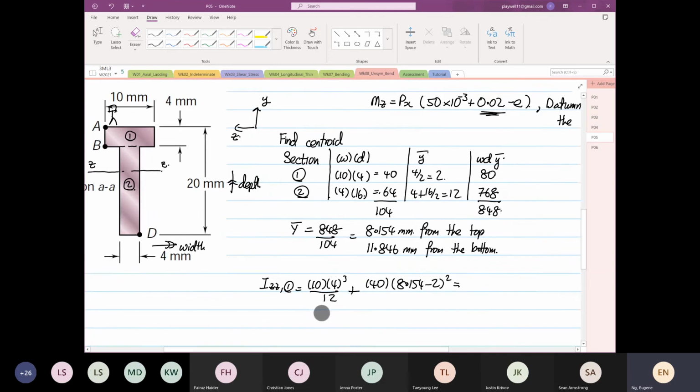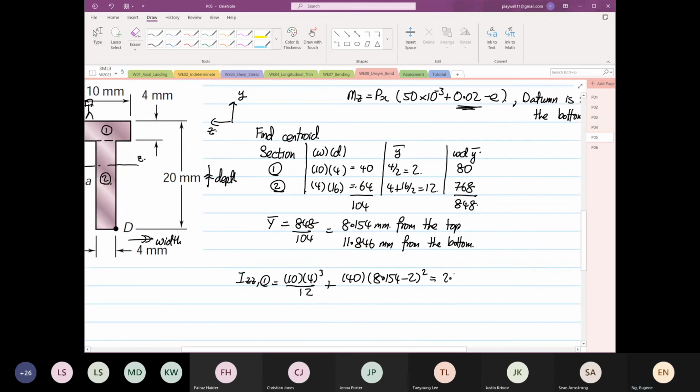So it's equal to 2.713 times 10 to the power 3 millimeter to the power 4. Let me do it again.